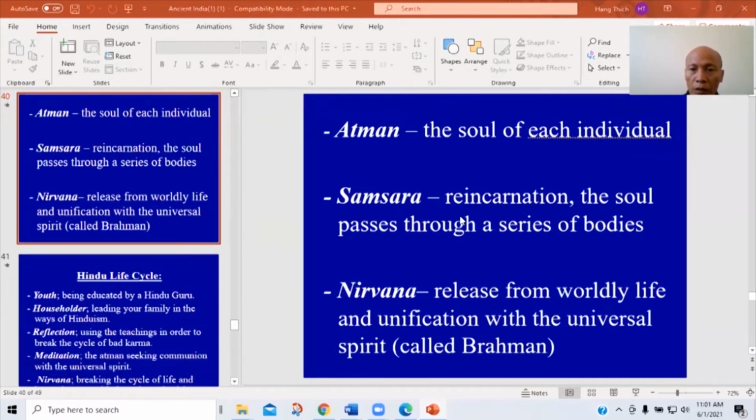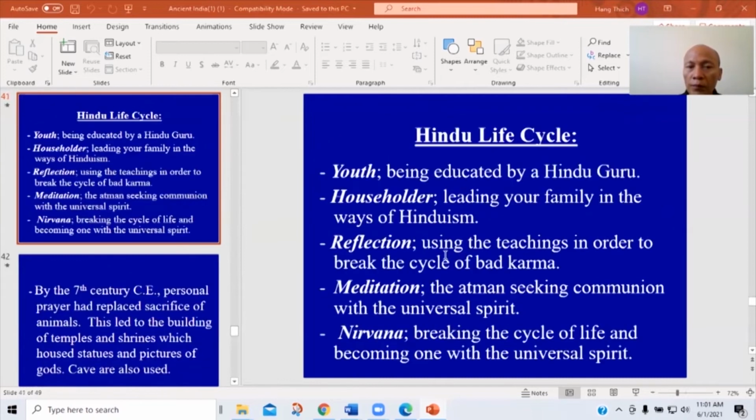And Samsara, the incarnation, where the soul passes through a series of bodies from one lifetime to another. And they still have the idea of Nirvana, the release from worldly life, and also the unification with the universal spirit, that means Brahman.